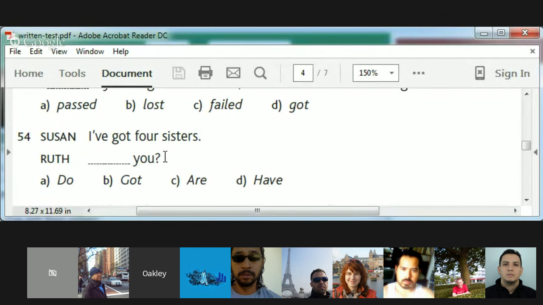Okay, to show interest, we sometimes do this. Sometimes this is referred to as a tag, although you're tagging on information. It's similar to a tag question, but with a tag question one person speaks.